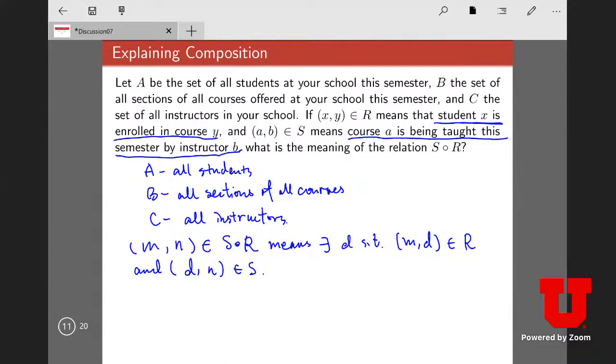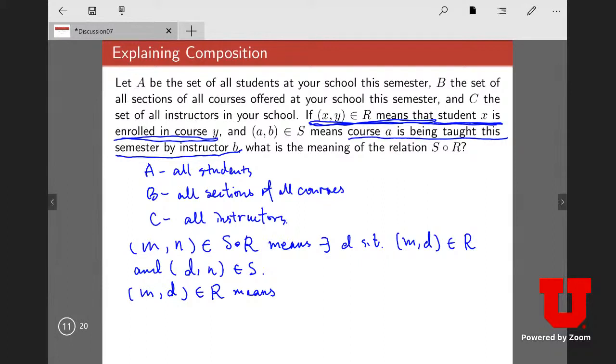So how do we write these things in words then? M, D in R means what? Use the definition of these relationships up here. The student is in a course. Yes, exactly.